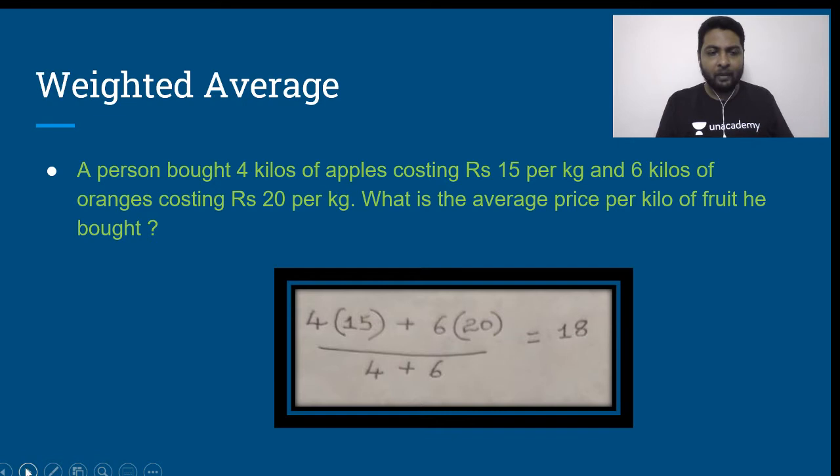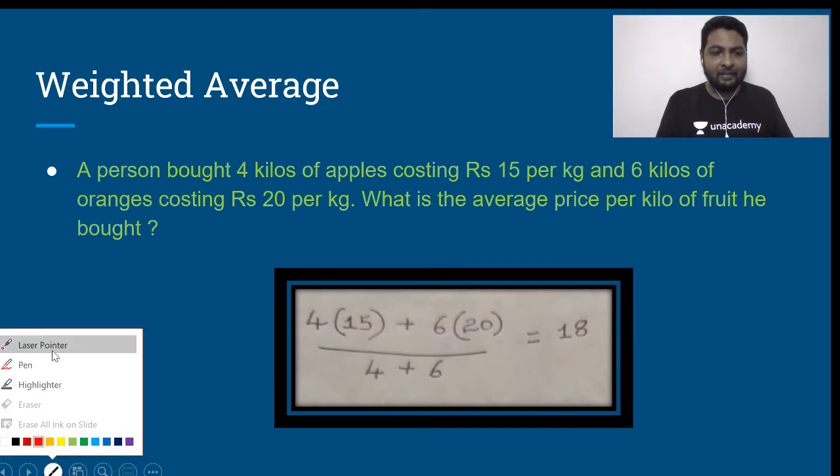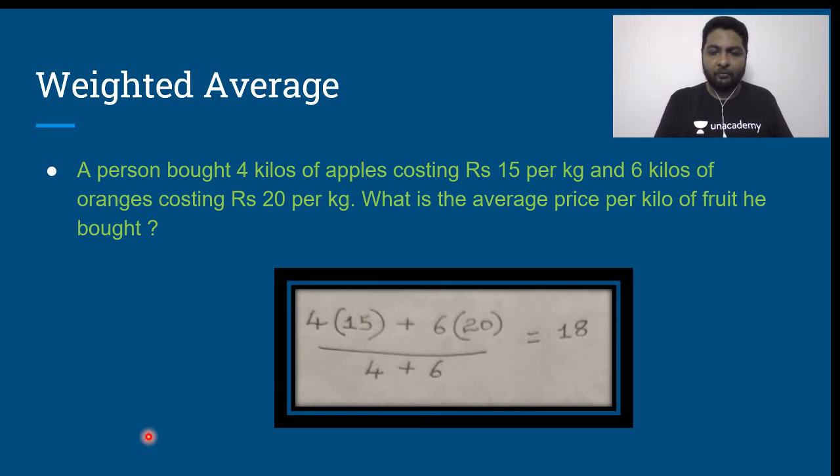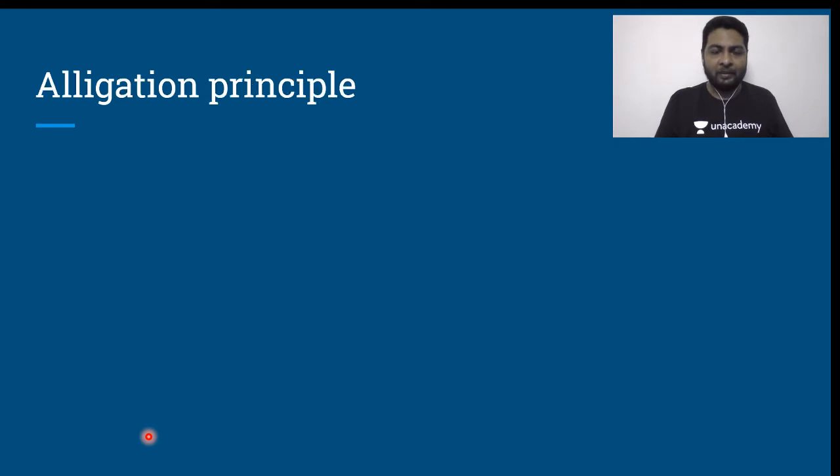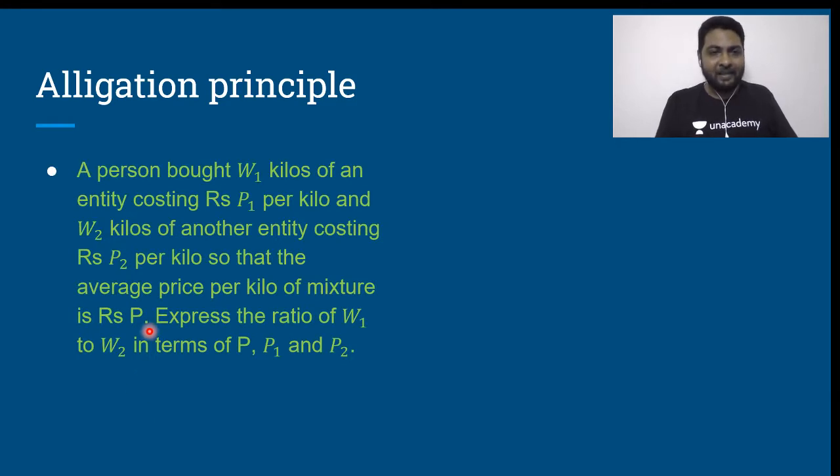Okay. Now that said, let us understand the concept of alligation principle. We will in fact now derive the alligation principle formula with the help of a question. The question is as follows.